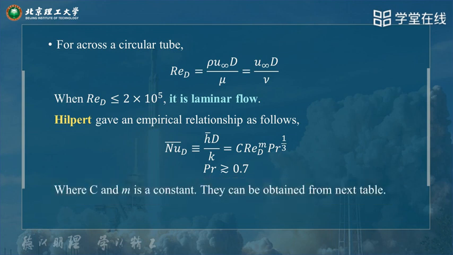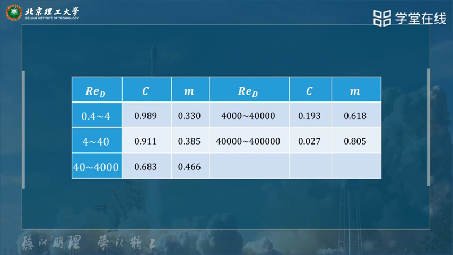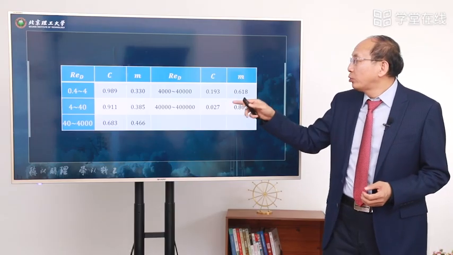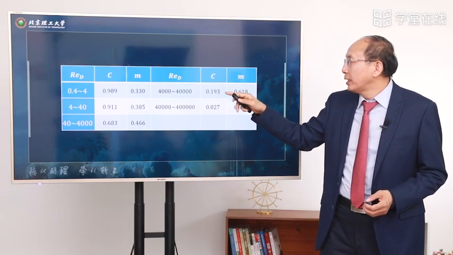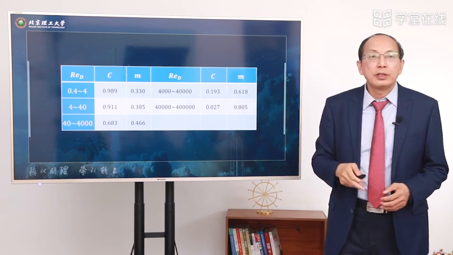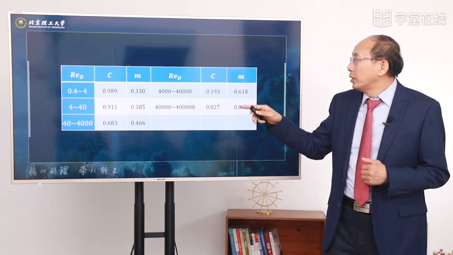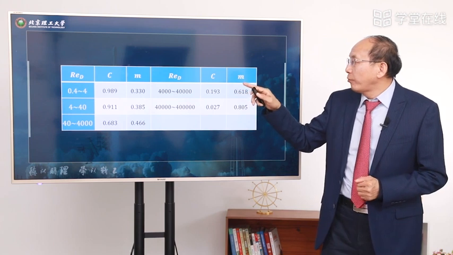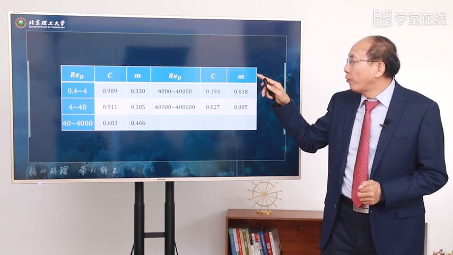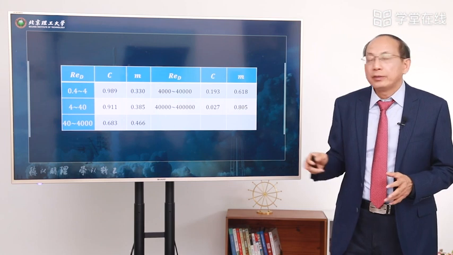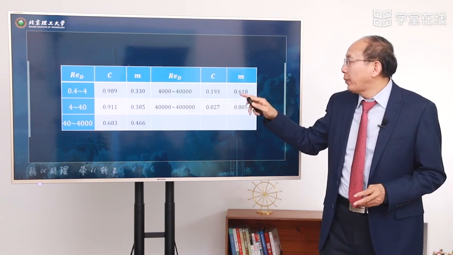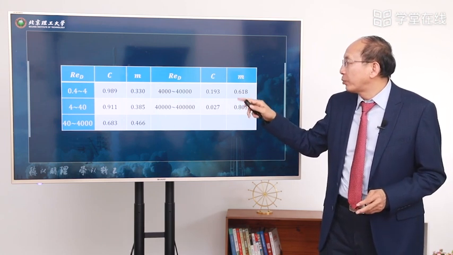The table is: for the Reynolds number in the region from 0.4 to 4, C is 0.989, very close to 1. For the range 4 to 40, C is 0.911, smaller. For the Reynolds number from 40 to 4,000, C becomes 0.683.